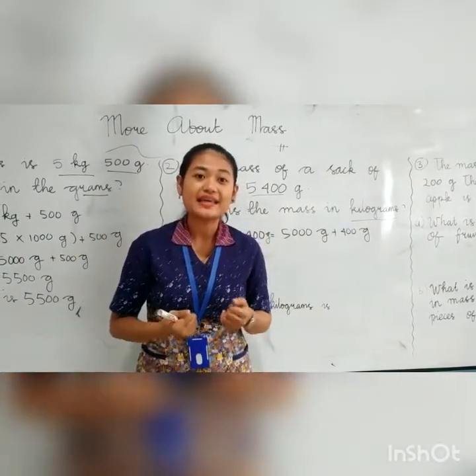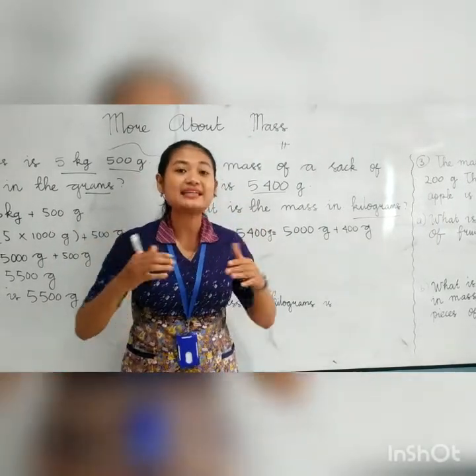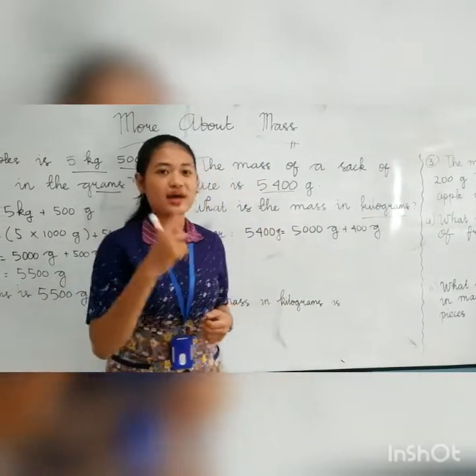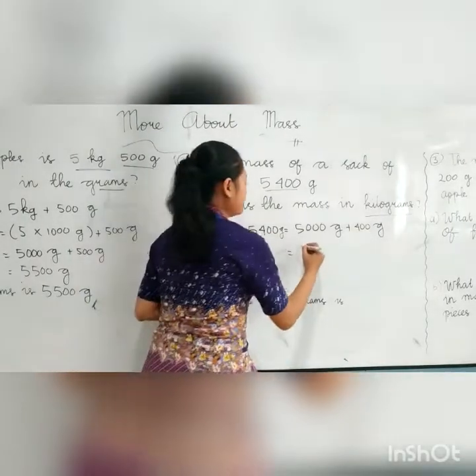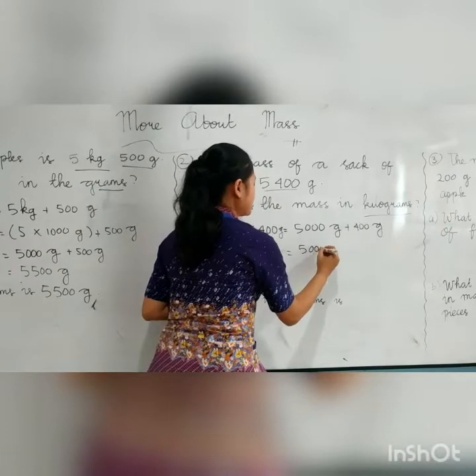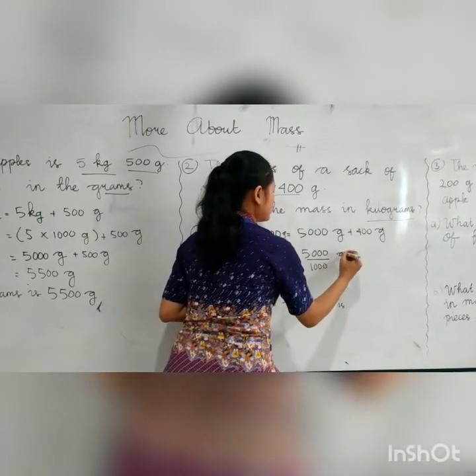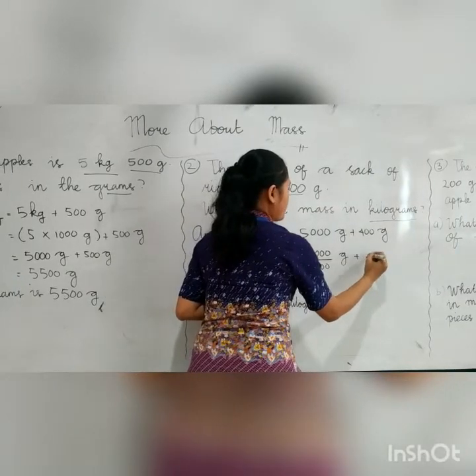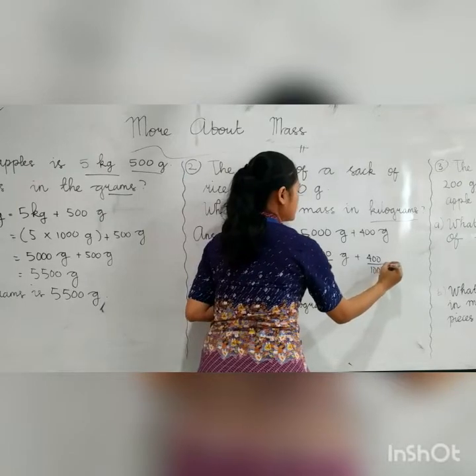But if we want to change grams into kilograms, we can divide by 1000. So the equation will be like this: 5000 divided by 1000 grams plus 400 divided by 1000 grams.